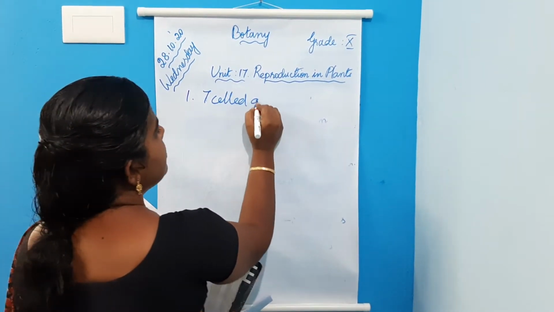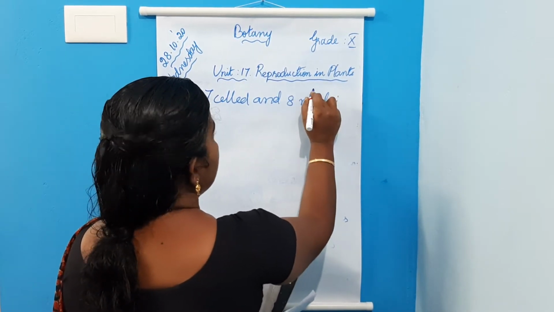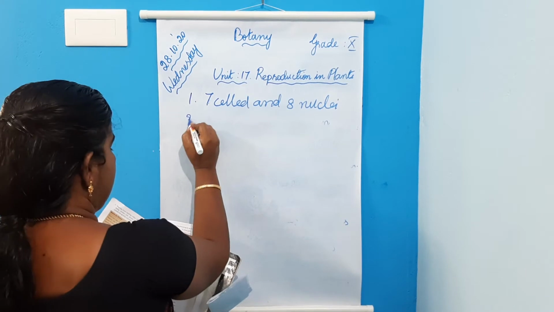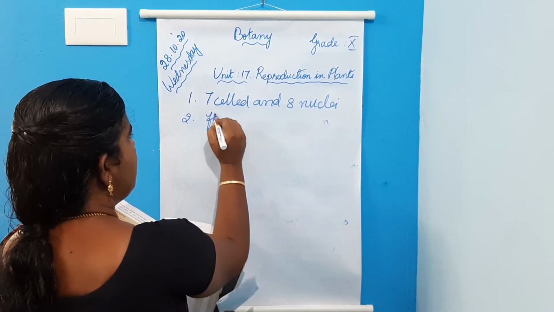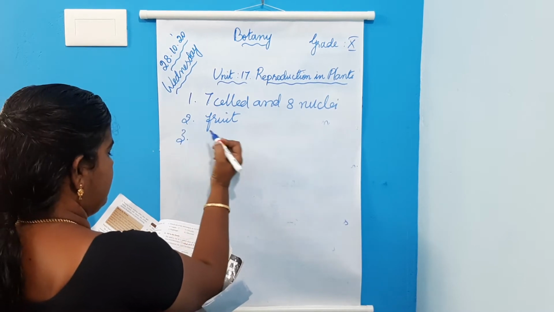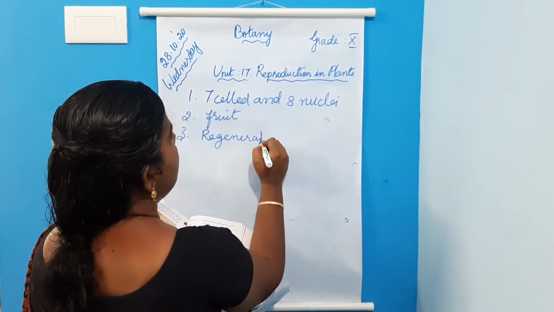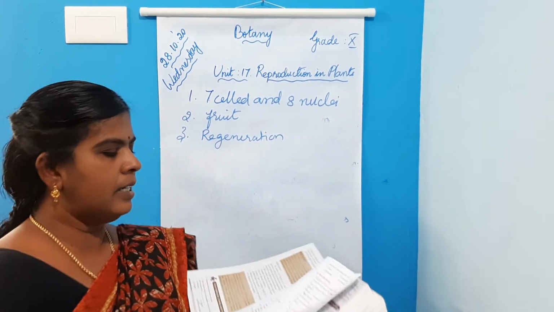Number 2: after fertilization, the ovary develops into fruit. Number 3: planaria reproduces asexually by regeneration. Then turn to the next page. The true or false is already marked. Then Roman number 5.